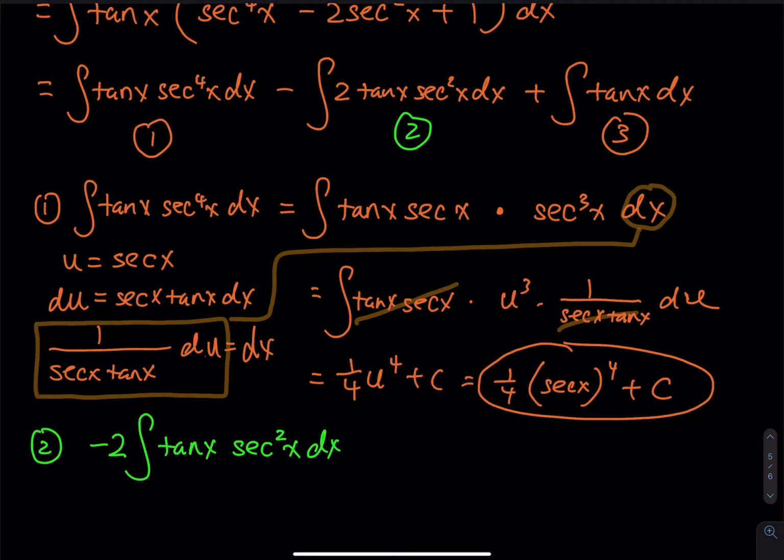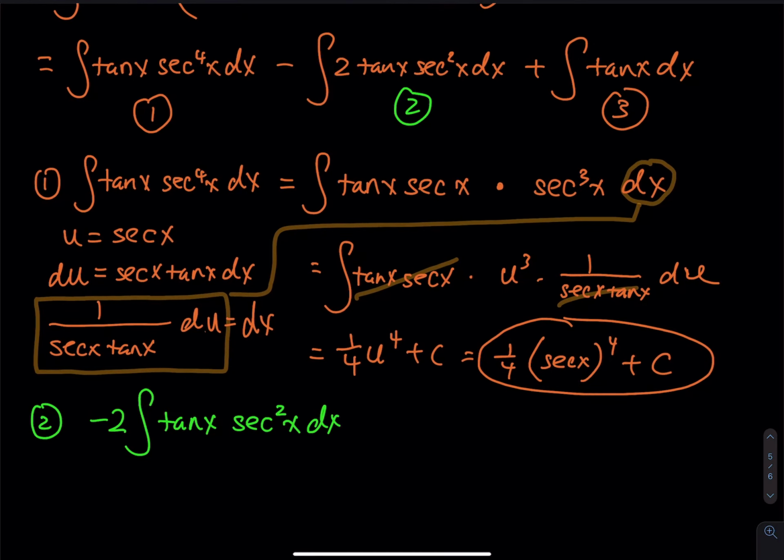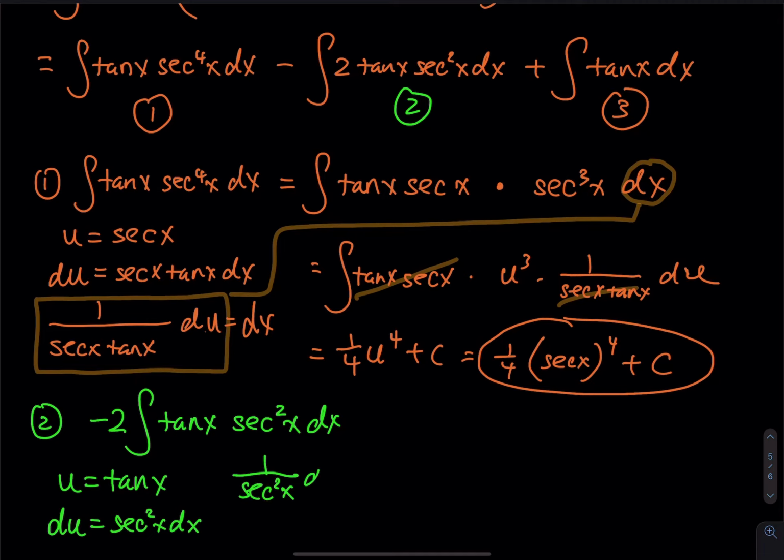Okay, how about u equals tangent x, and then du is equal to secant square x dx. 1 divided by secant square x du is dx.